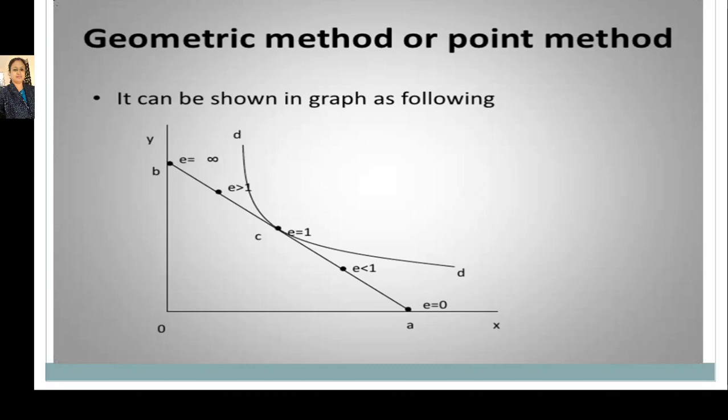So the value of point elasticity of demand is simply CA by CB. So here at point C, elasticity of demand is equal to unity.